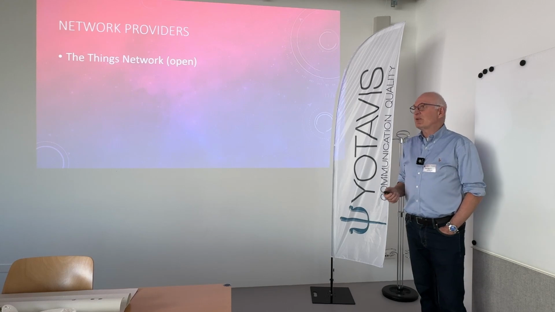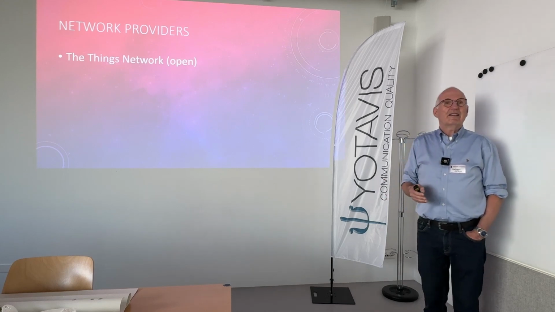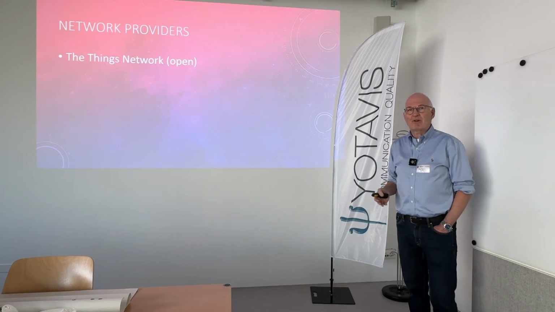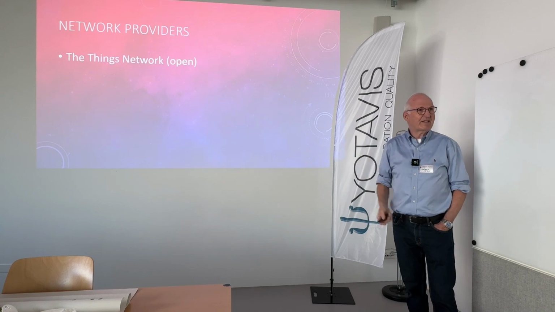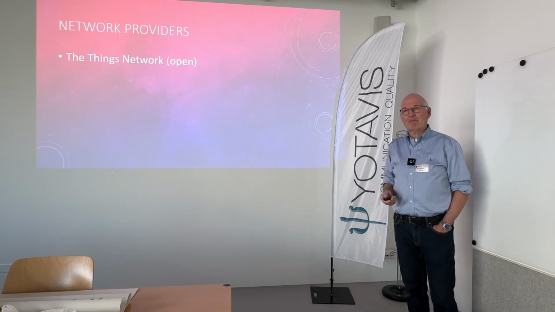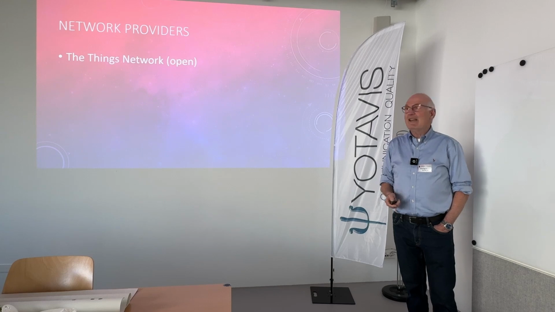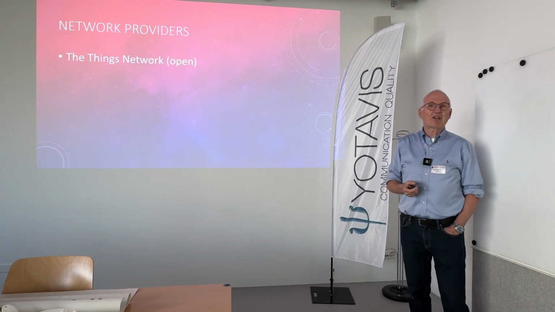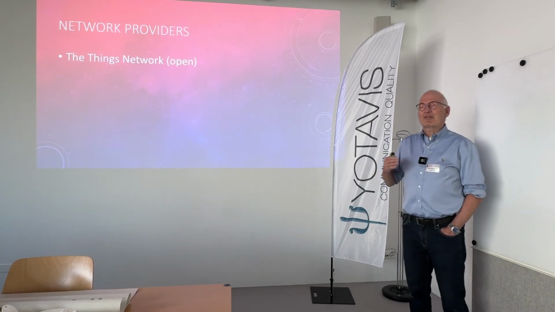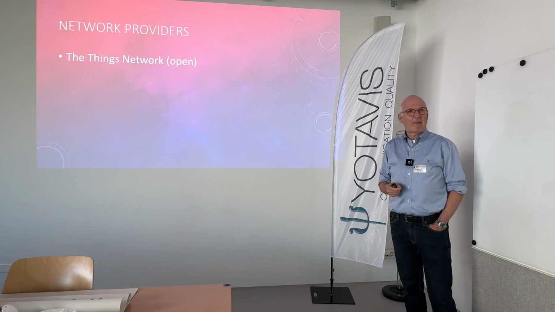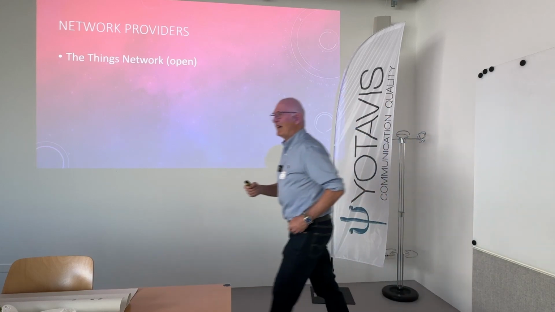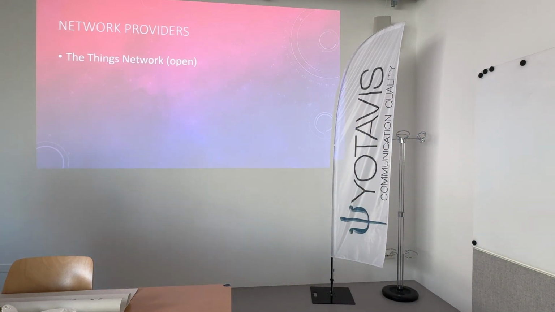The first one was the Things Network. This was when LoRaWAN started 6-7 years ago. They are in Amsterdam. And these were a bunch of young guys, and they founded this Things Network, and everybody who wanted was able to build a gateway. I have here, this is a gateway.